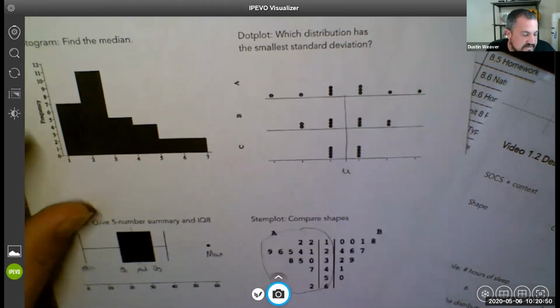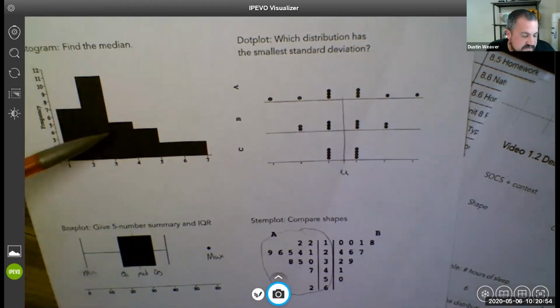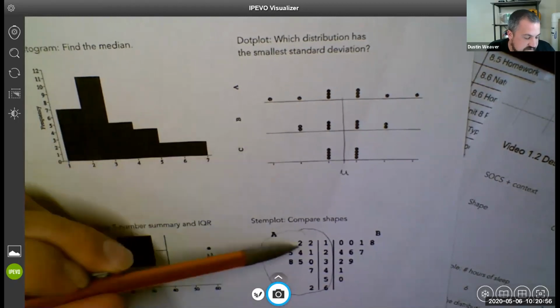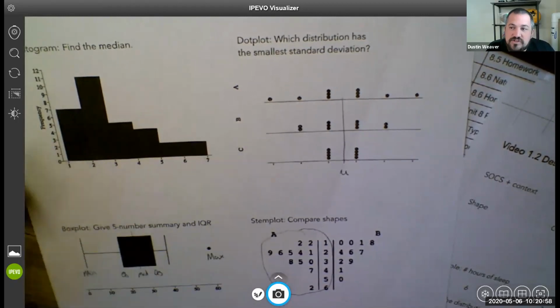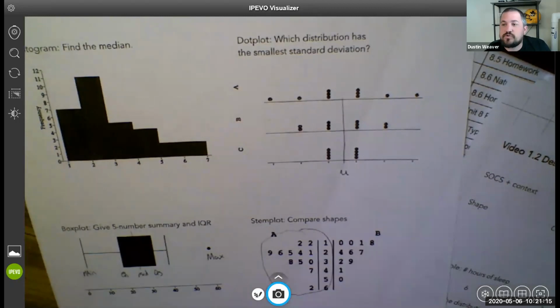So everything in this first video just talks about the types of graphs that you may see: histogram, dot plot, stem plot, box plot. I would assume you're going to see that at some point, because if you look at our example question from yesterday, you saw a box plot, right? These are early topics from Unit 1, but they want to get part of a question. You remember in the 2 questions, you got about 5 parts in each one.